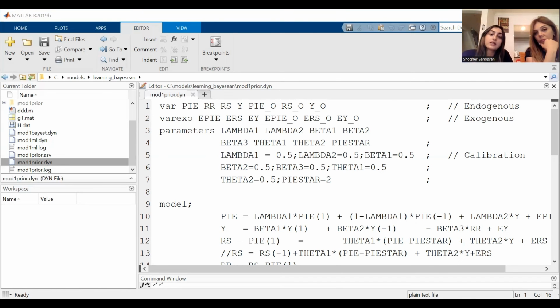Later, we will see that these parameters should be positive for the model to make sense. The model follows a New Keynesian framework, which may sound complicated, but we will break it down into easy-to-understand parts.